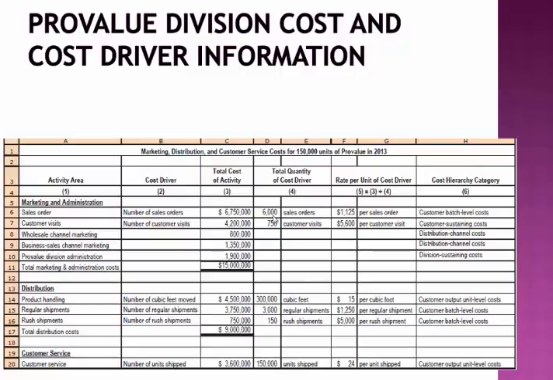Alright, so we're going to be tracking these 750 visits. To what customer did we go to? Alright, this is an example of a customer sustaining cost, like we mentioned earlier.